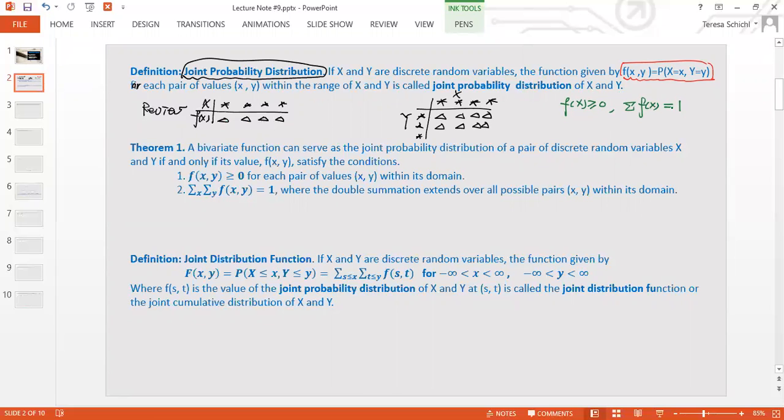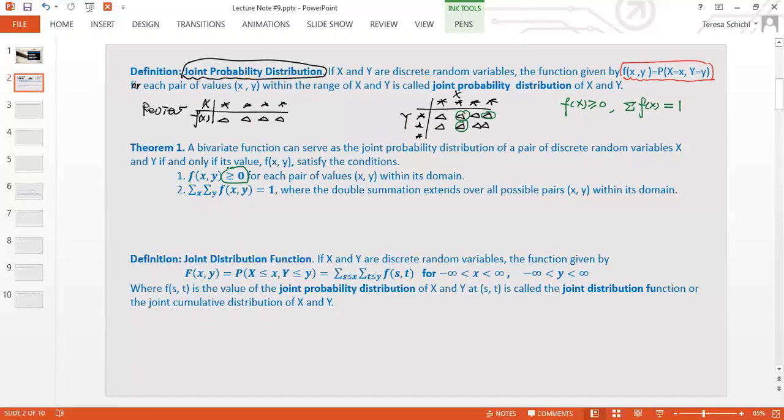Now we expand to two variables, the joint probability distribution. They still have the same properties. That means f of x, y, every single value of the joint distribution, has to be greater than or equal to 0.